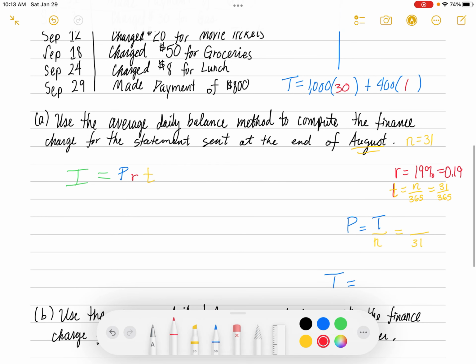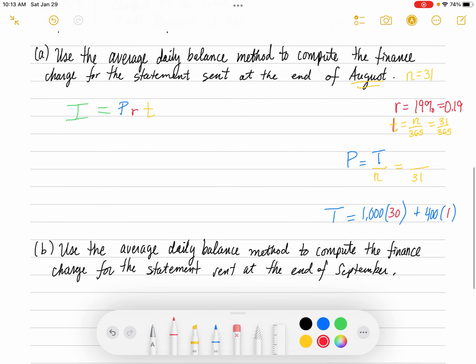So that's $1,000 times 30, transferring it down here where I'm doing my work for capital T, plus 400 times 1. If I calculate that, capital T, the sum of all the balances subject to interest for the month of August, is 30,400.